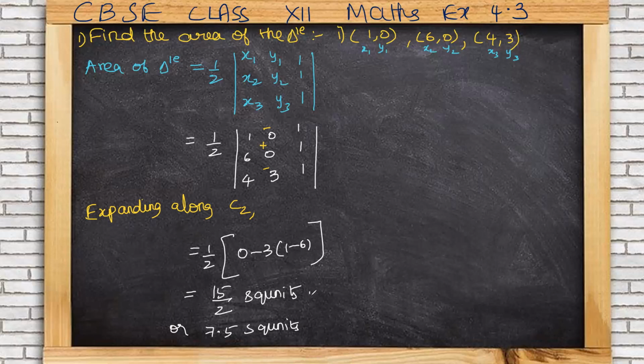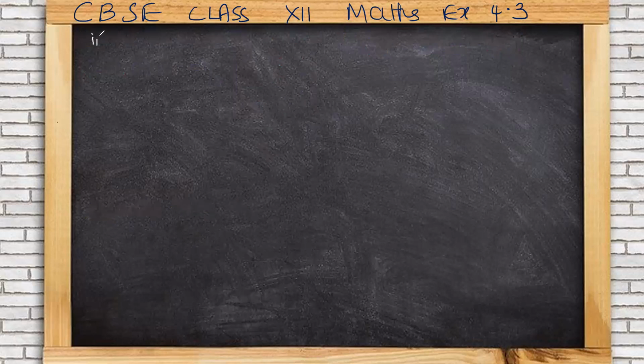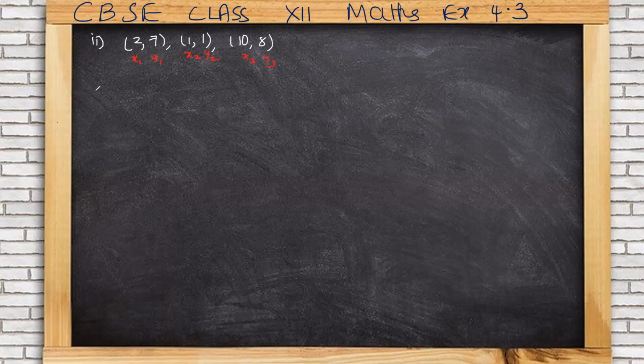Okay, so this is using the determinant method if vertices are given. Similarly, for the second subdivision, the question is 2, 7, 1, 1, 10, 8. Take it as x1, y1, x2, y2, x3, y3, and write the formula.